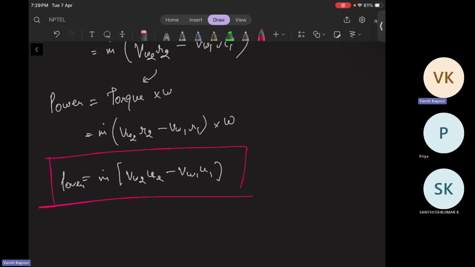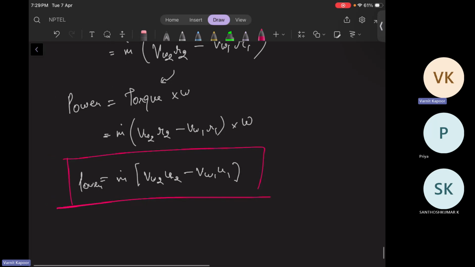So the energy of the gas at the outlet or discharge of the compressor or the pump will be higher compared to that at the inlet. Whereas in the turbine, the energy of the gas or the working fluid, that is your system, is higher at the inlet compared to the outlet of the turbine. So there it will be VW1 U1 minus VW2 U2, only a change in the sign.